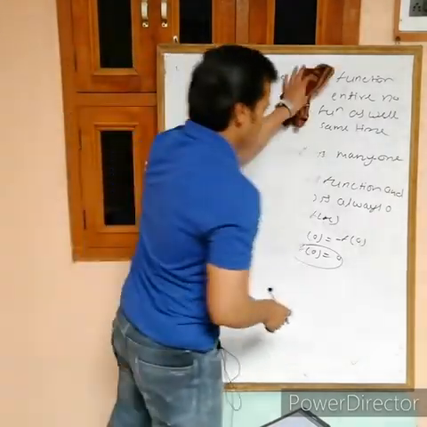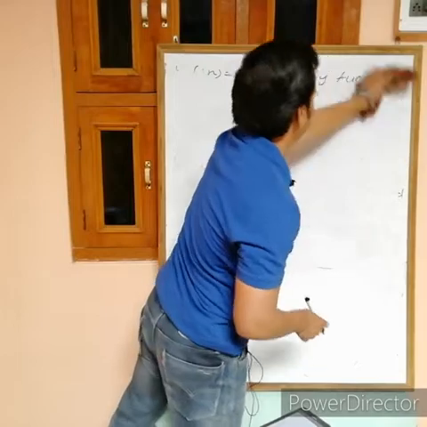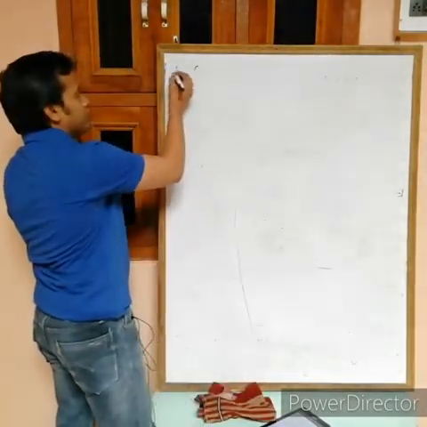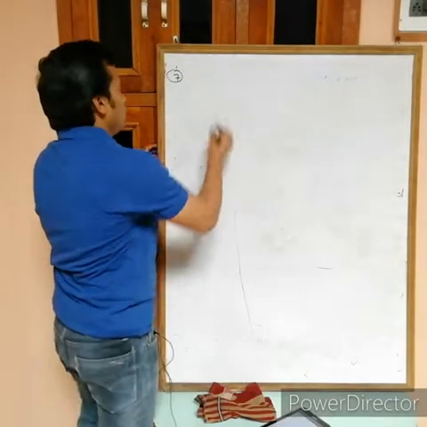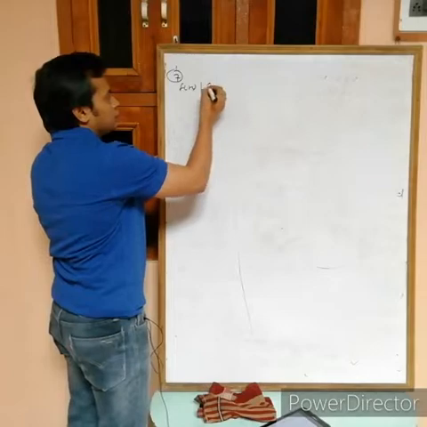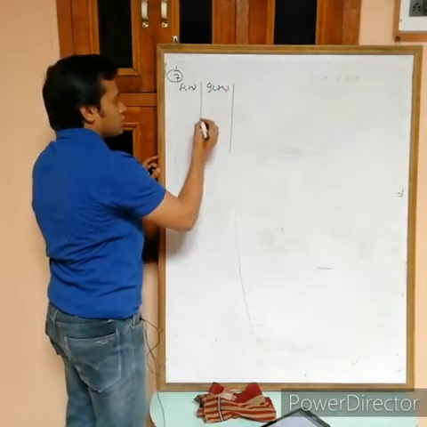Okay, now the last point, then we will take questions based on even and odd functions. So the seventh one: f(x), g(x).